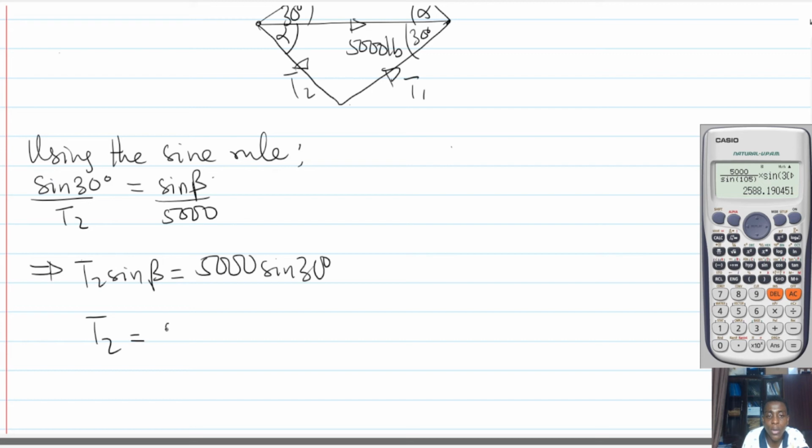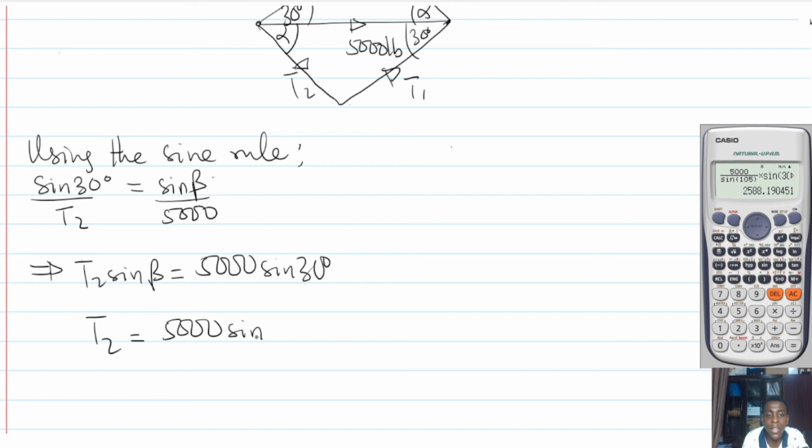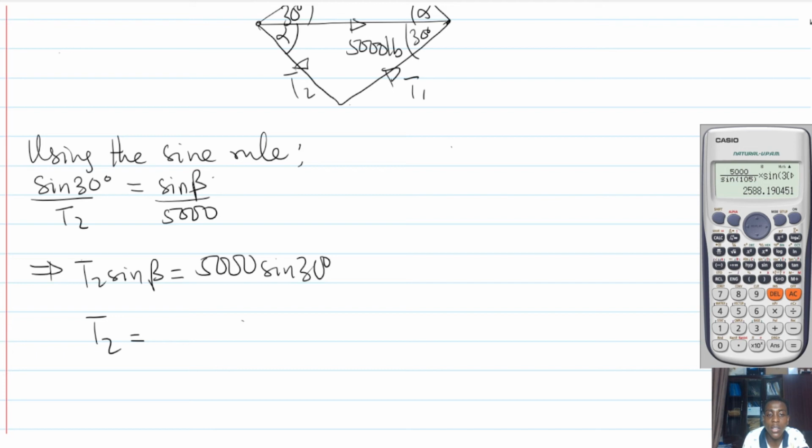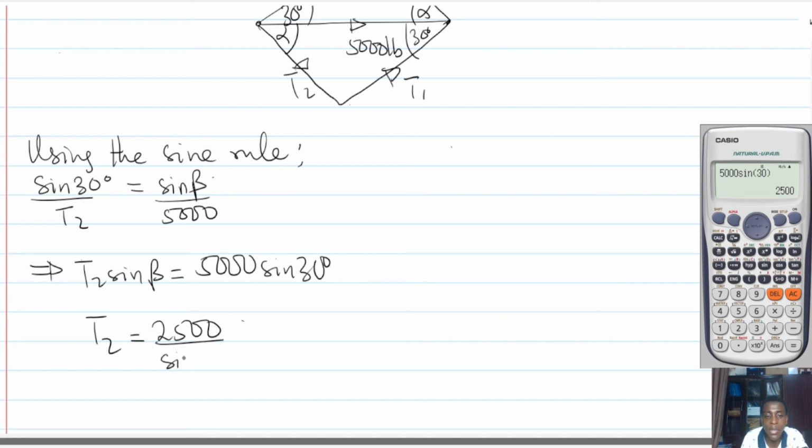That's what they want, the minimum value of T2. But T2, 5,000 sine 30 is nothing but 2,500. Sine 30 is half of 5,000, divided by sine beta.